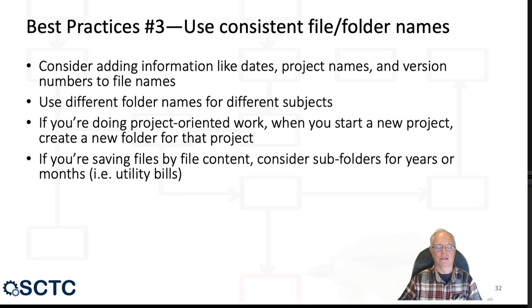So, and we just talked about this, consider using years or months or a combination of year and month for the folder name so that you can easily separate them out. And you saw, for example, in part 2, we talked about photographs for my genealogy. Those are organized by year, 1960, 1970.